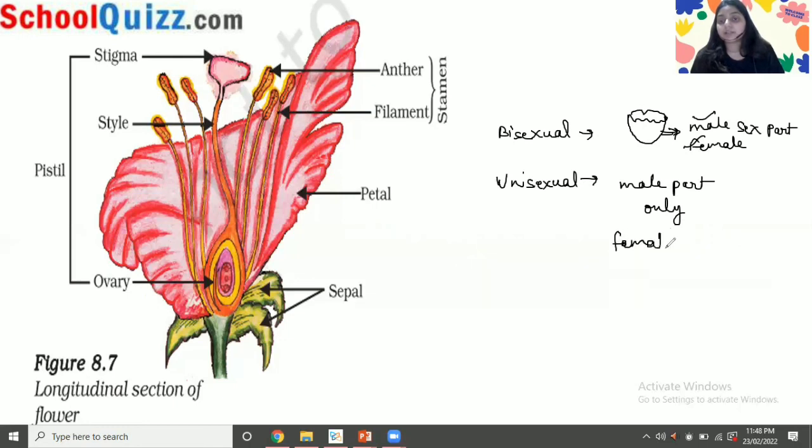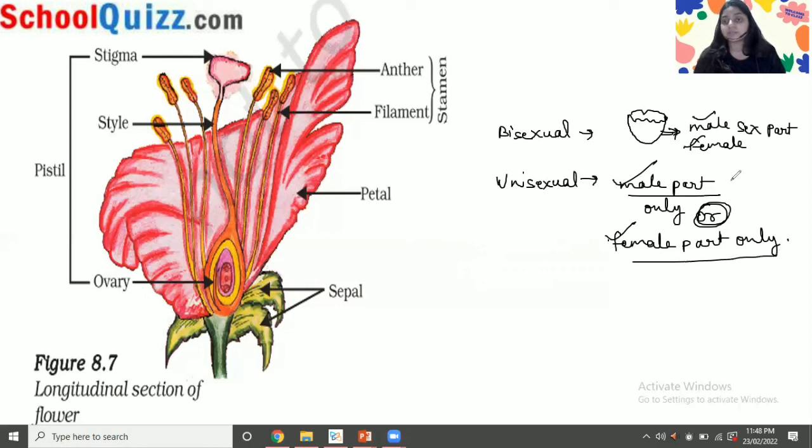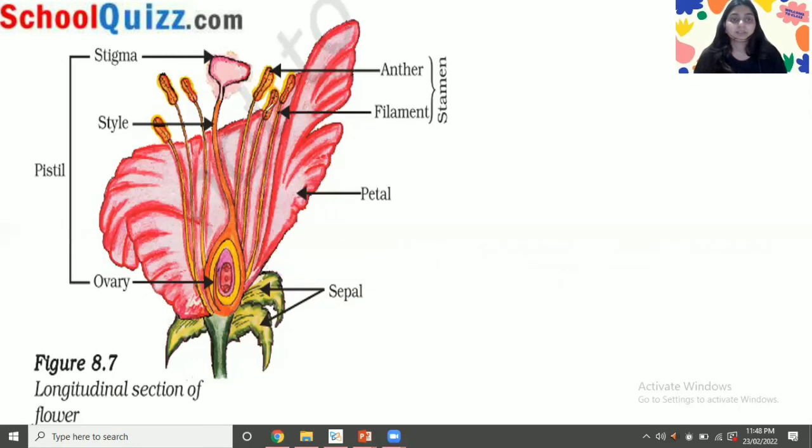There cannot be both parts. So in the bisexual there are both male and female sex parts, and in the unisexual there can be only one. Okay, so what is this structure?